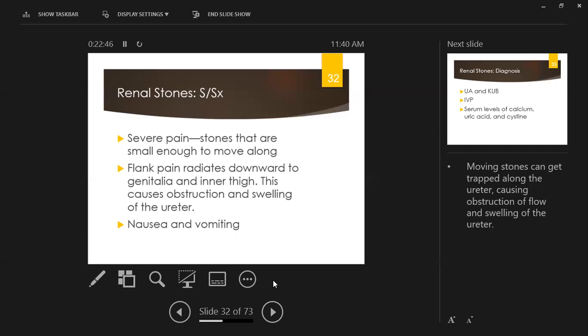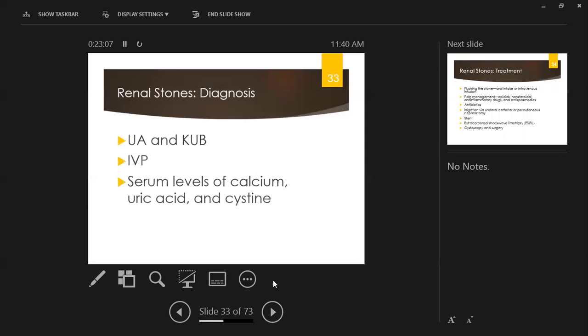This causes obstruction and swelling of the ureter, and therefore there's lots and lots of pain. Nausea and vomiting may occur as well, oftentimes just due to the pain itself. Moving stones can get trapped in the ureter, causing obstruction of flow and swelling of the ureter and potentially even the kidney itself.